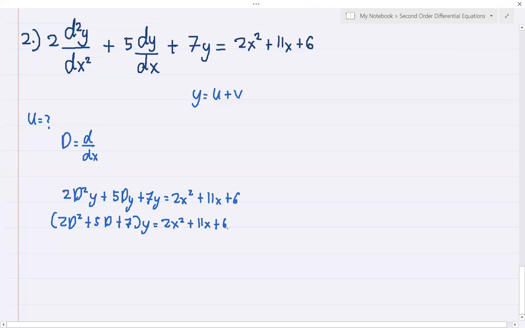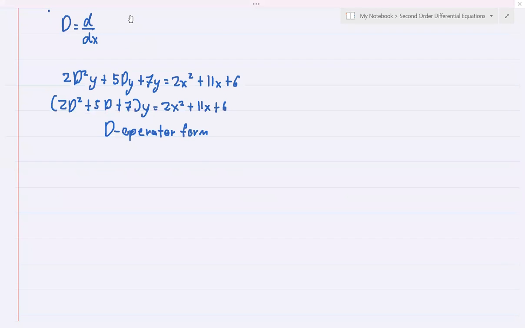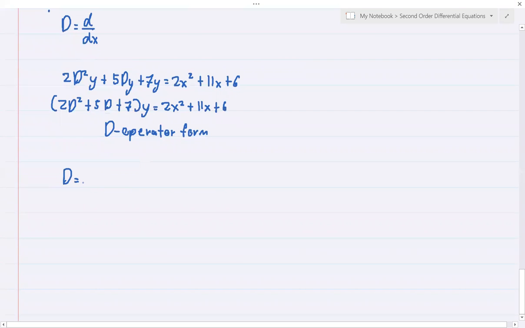Now, as always, this is your D operator form. Let me rewrite it here below it. This is your D operator form. We can now further substitute your D as your m and equate this expression to 0.